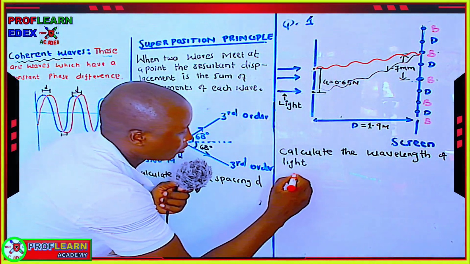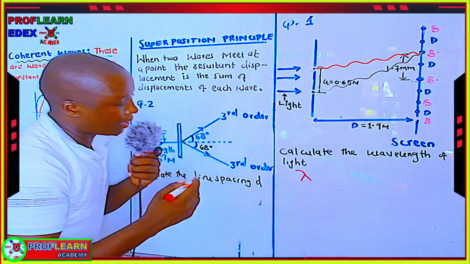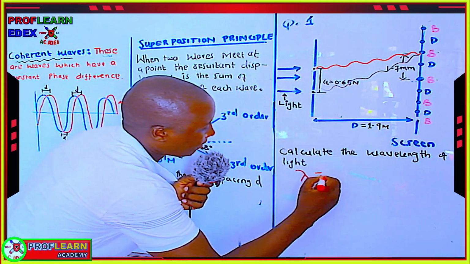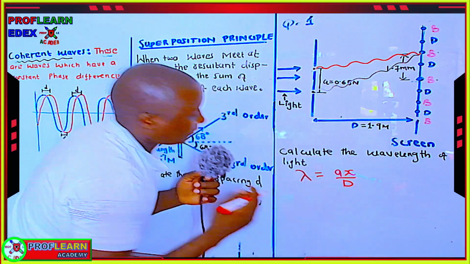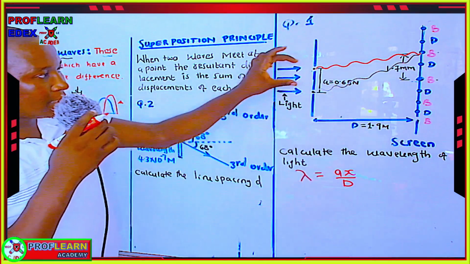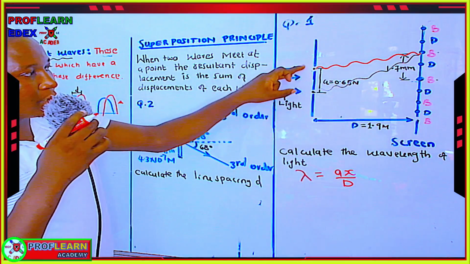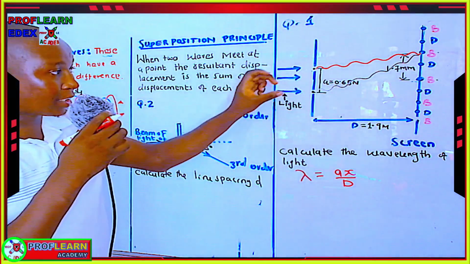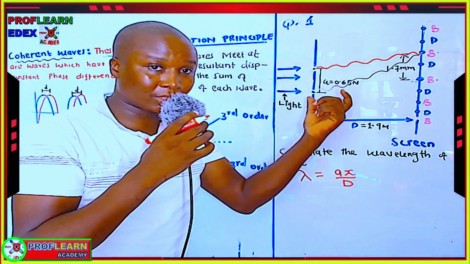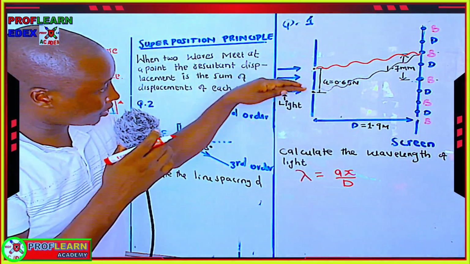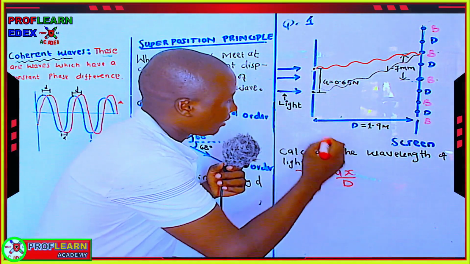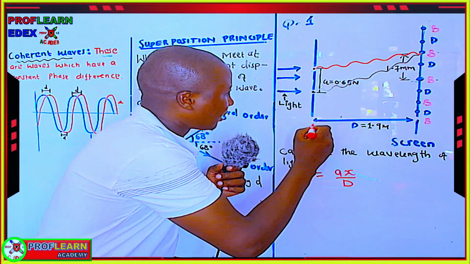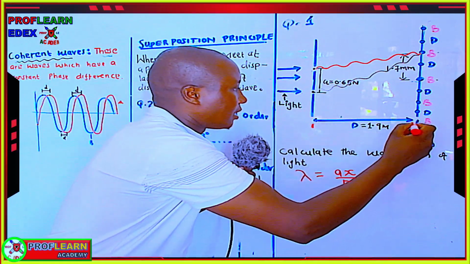Something that you need to understand is the formula for the double slit experiment: lambda is equal to ax over d, where a is the distance between the two slits, the distance between the centers of the two slits. The distance between this point and this point gives us a, and d is the distance between the slits and the screen.